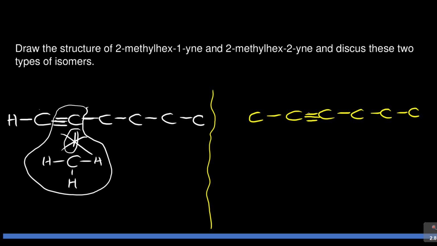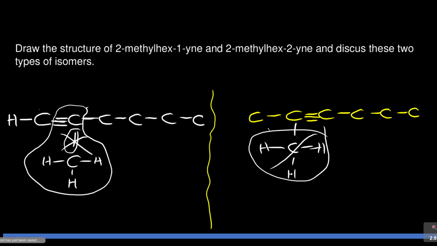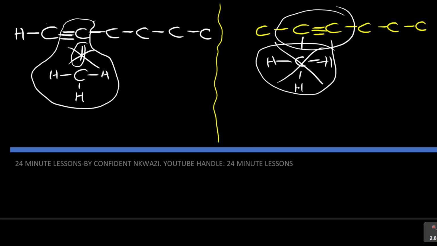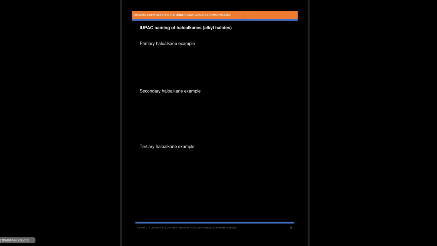So this is 1, 2, 3, 4. This carbon also cannot have a methyl group here. You see, because why? This cannot be possible, because it will have 1, 2, 3, 4 bonds. So this structure, unfortunately, this question was an error question. It cannot be correct. All right, so just discard that.